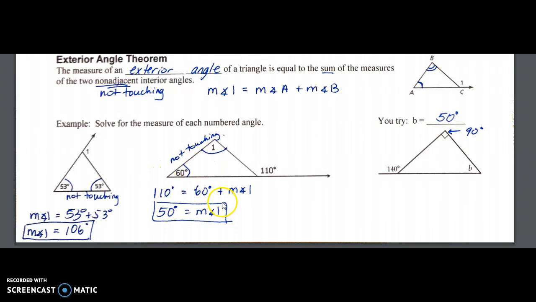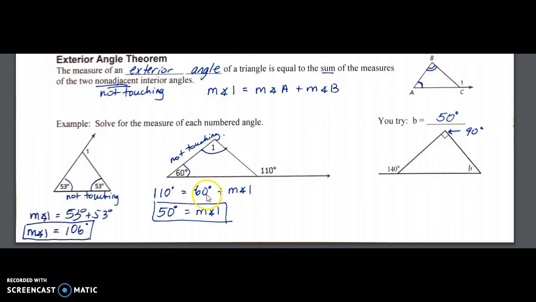I can set up an equation, and again, it's always the exterior angle equals interior plus interior. So my exterior angle here is 110 degrees, so that goes on the outside here. And that equals my interior angle, 60 degrees, plus my interior angle, the measure of angle 1.